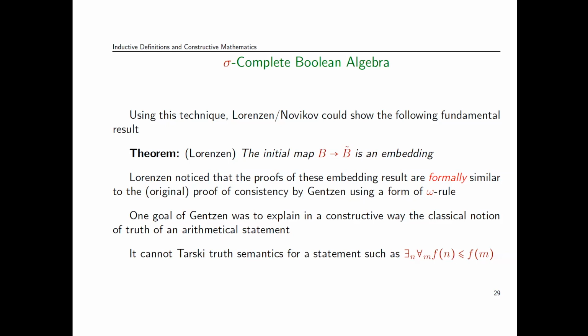And this cannot be Tarski truth semantics, because for a statement like this, which says that any function has a minimum, it's classically valid, but given f, you cannot find the n as a recursive function of f. So you need something more subtle in order to explain what a classical mathematician thinks when he thinks that this formula is valid.